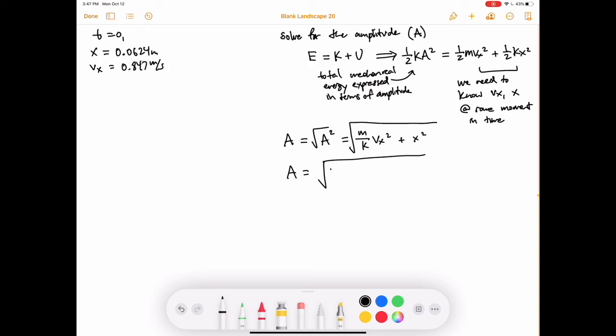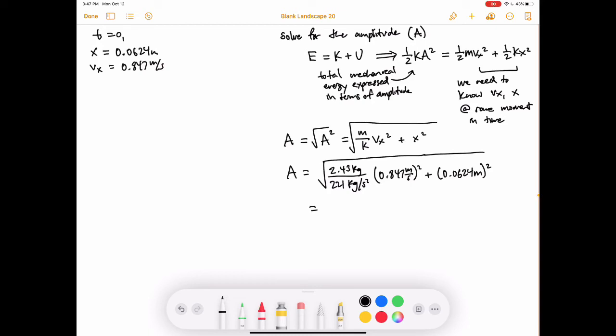So the mass is 2.43 kilograms divided by k, which is 221 newtons per meter, which is a kilogram per second squared, multiplied by Vx, which is 0.847 meters per second, and we have to square that, and then add that to x squared, which would be 0.0624 meters squared, okay?